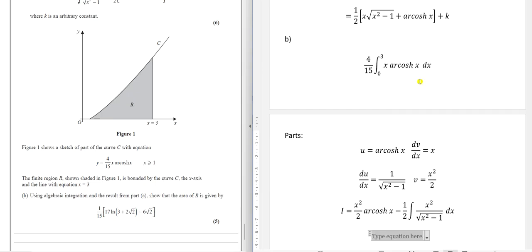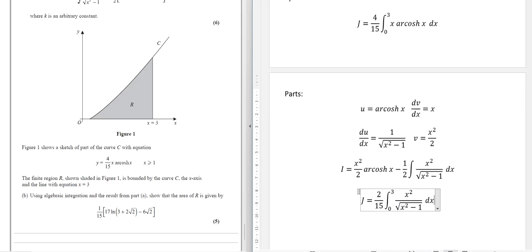So my original integral, maybe I'll call that J, because I've already got this one I. J is going to be 2/15 of the integral between 0 and 3, this stuff, which should look familiar to us. They did say use the result from the previous part, so I'm on the lookout for that.